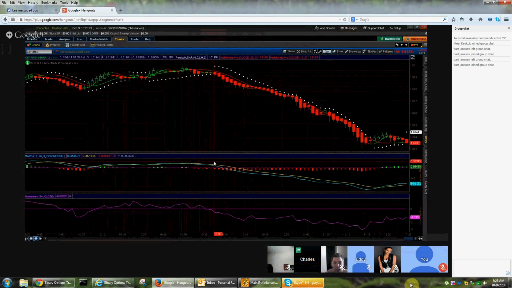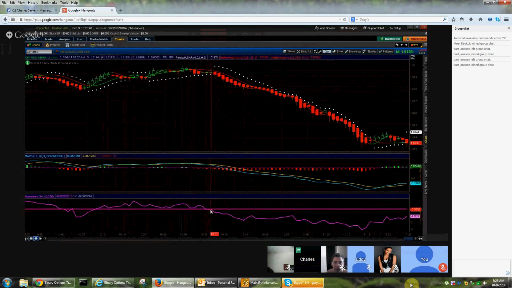You want your stochastic, the blue line across the yellow, both pointing down, and hopefully with a little spread in them if they're close together. Even if the blue is just turning and just touching, I wouldn't take it yet. I've seen it bounce right off and go back up. You want to make sure it's crossed, pointing down, and you want to make sure your momentum is pointing downward.